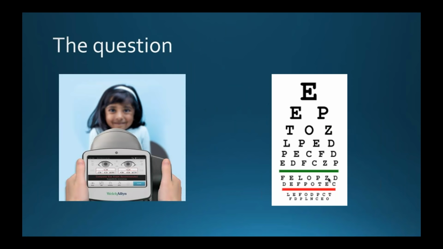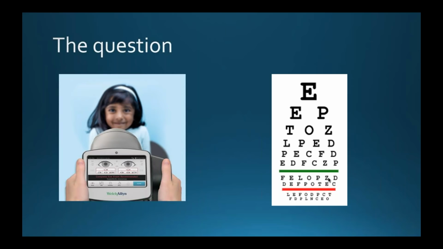And so we looked at this question of photo screening versus traditional chart-based screening. And we wanted to figure out whether or not the photo screening is non-inferior to the regular chart-based screening, and also which method is more time efficient.